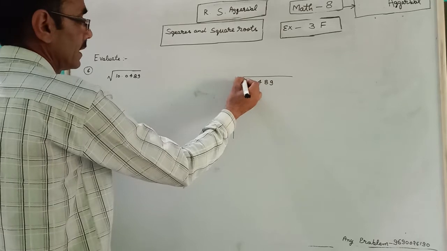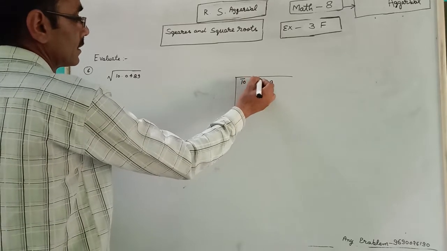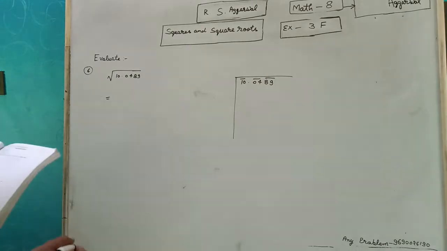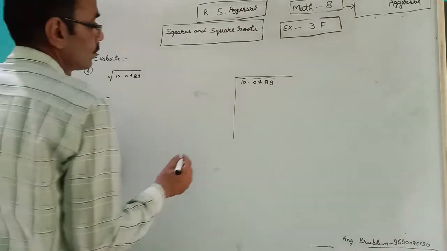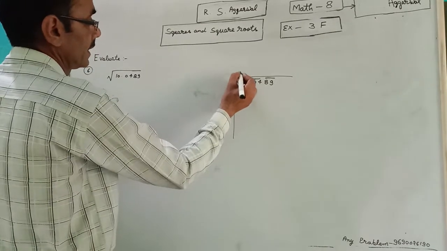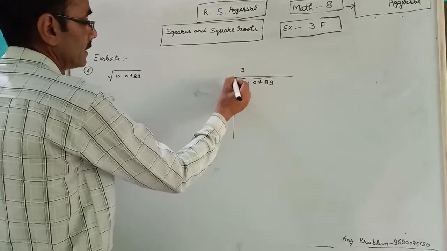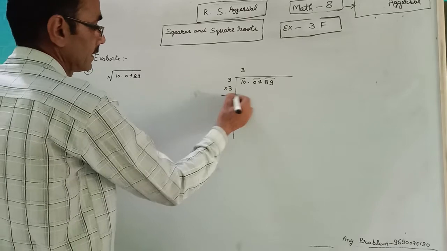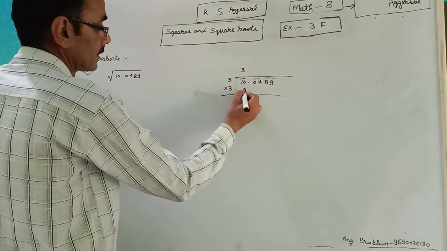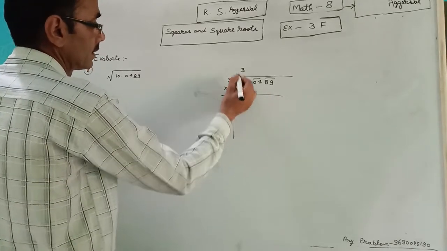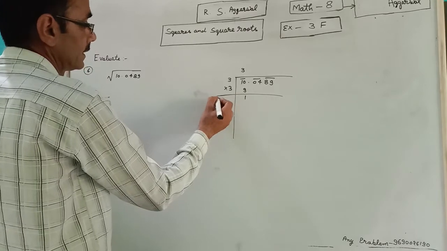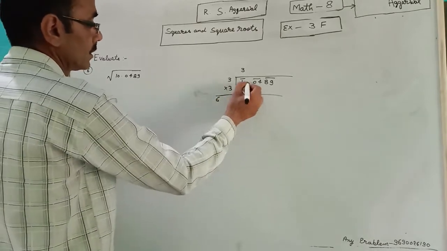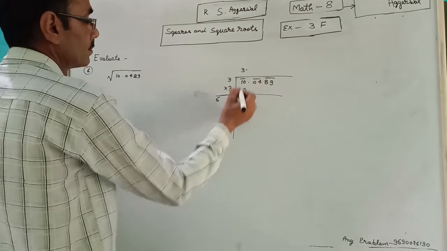Make the pair, point, make the both side from the point. First pair is 10. Table read is 3. 3 3 is 9. After minus 1, 3 double is 6. Multiply by 2.